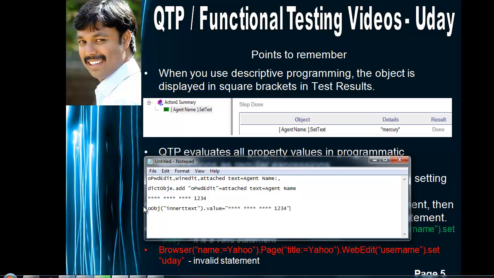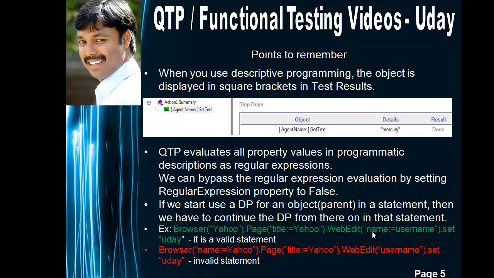Here you don't want to evaluate this as a regular expression, right? So for that, you need to give dot regular expression equal to false. When you say false, whatever value you give here won't be evaluated as a regular expression, right?